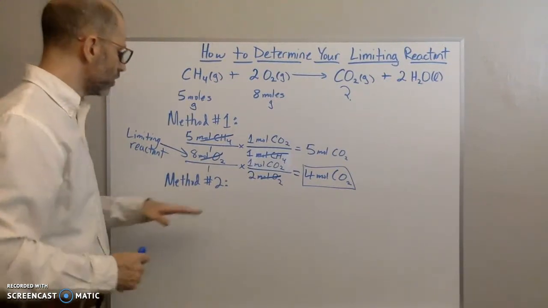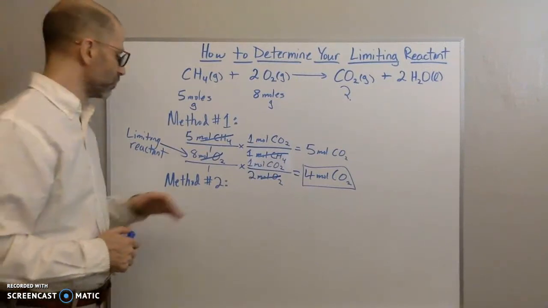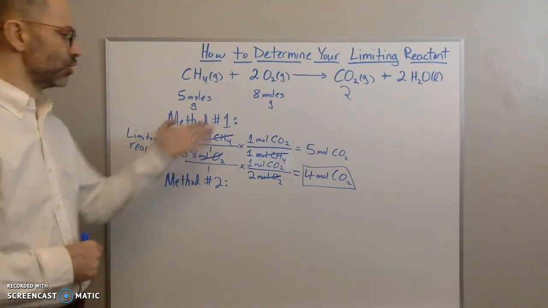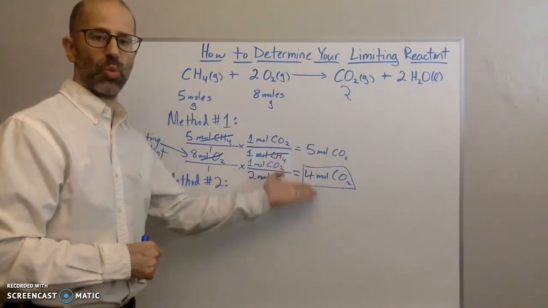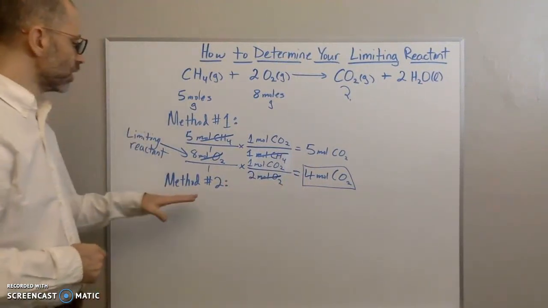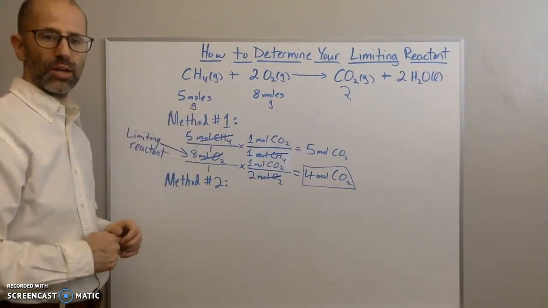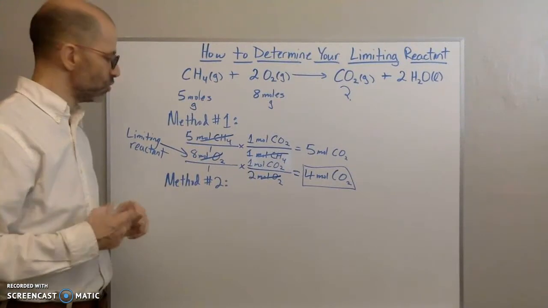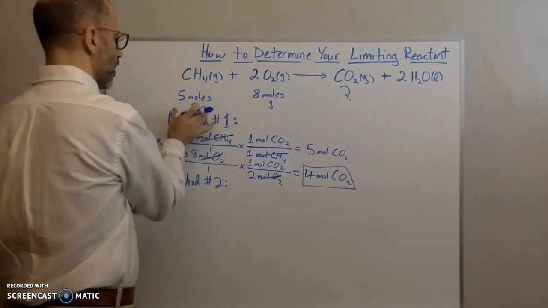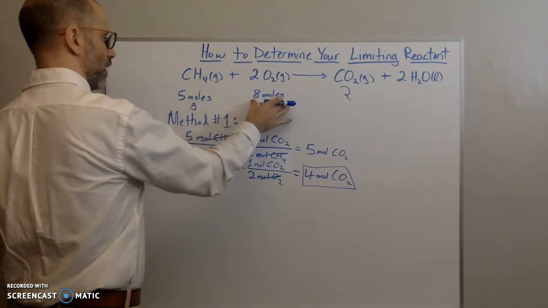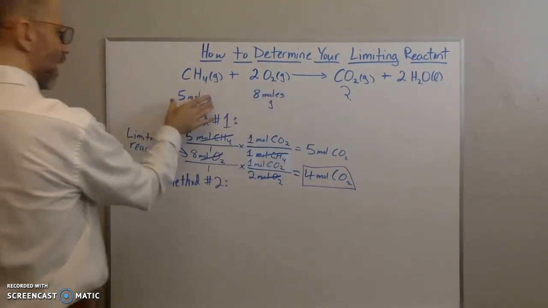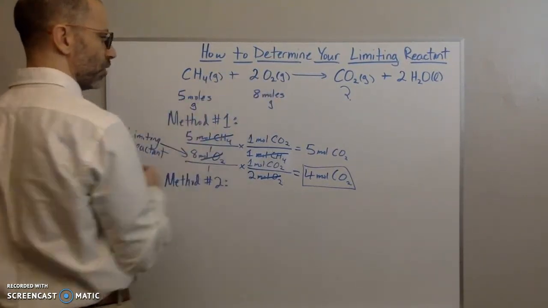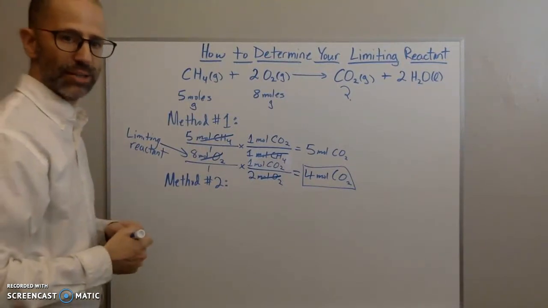Okay. So the second method is where instead of converting both of your reactants to a given product and then seeing which one gives you less, you can convert one reactant to another and see if you have enough of that reactant to react completely. So here, since they give me 5 moles and 8 moles, I can use my mole ratio and convert one of these to the other and then compare how much I actually have.